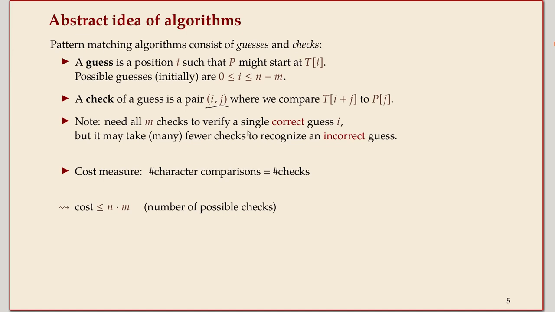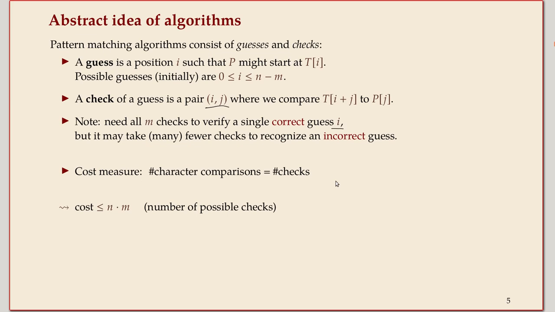A simple observation is if a guess i is correct, if the pattern actually occurs there, there's not really anything I can do around comparing all the characters of the pattern with the corresponding text characters. If I skip one, I never know if the text actually has the right symbol there. But if I have a guess that turns out to be incorrect, a single comparison that's a mismatch already disproves that this is a correct guess.